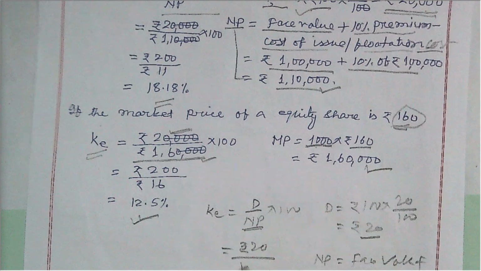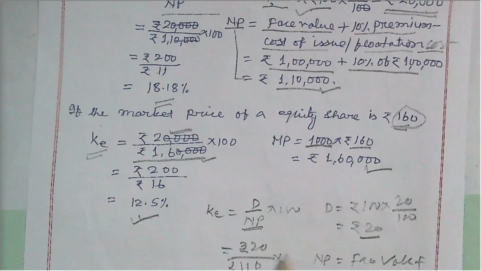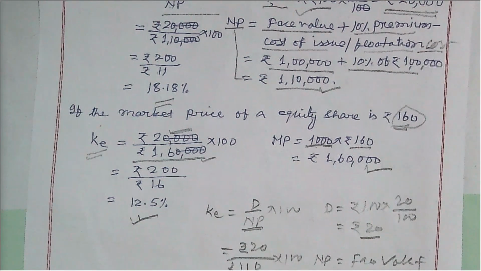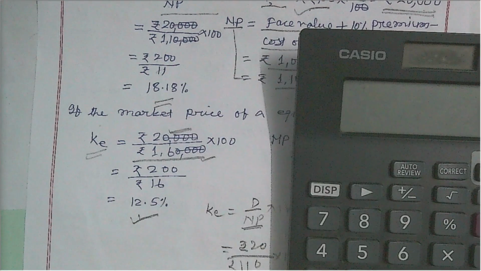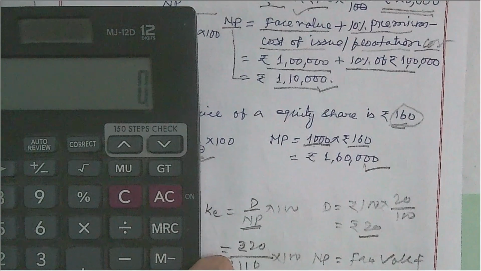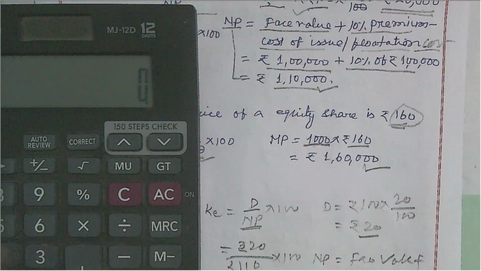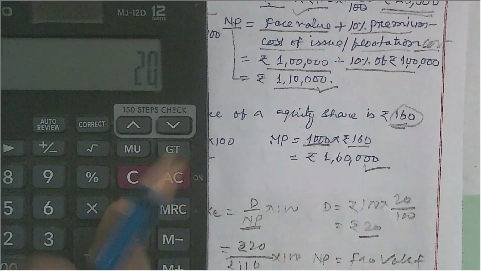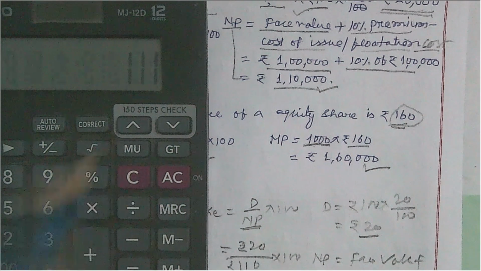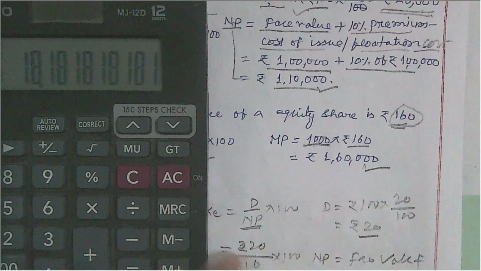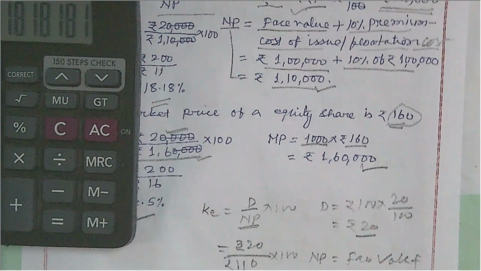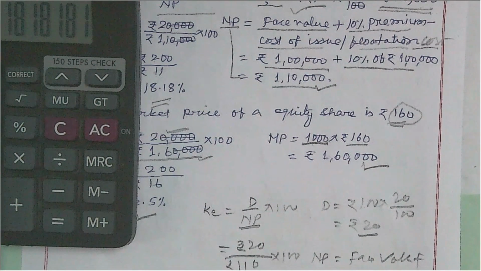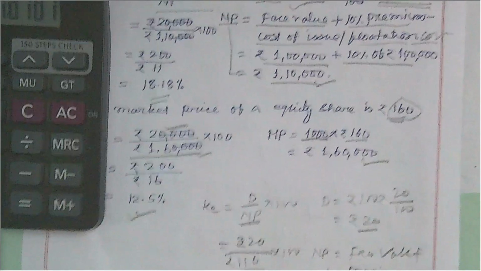So 20 divided by 110 multiplied by 100, and you will get the same value, 18.18%.